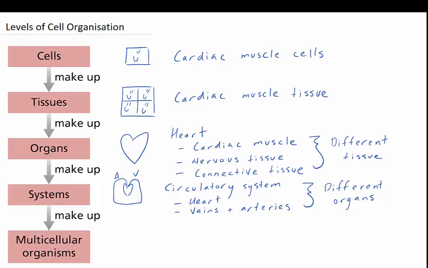Complex multicellular organisms like us consist of more than one system working together to keep us alive. So for example, in humans, we have the circulatory system, but in order to get fresh oxygen into that circulatory system and to remove the waste product carbon dioxide, we need the respiratory system.